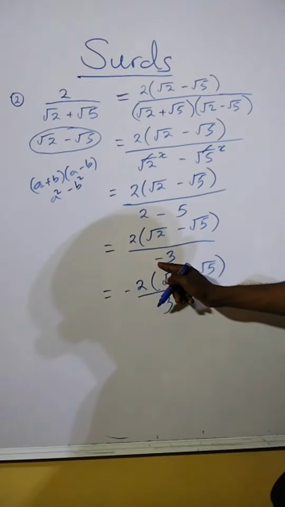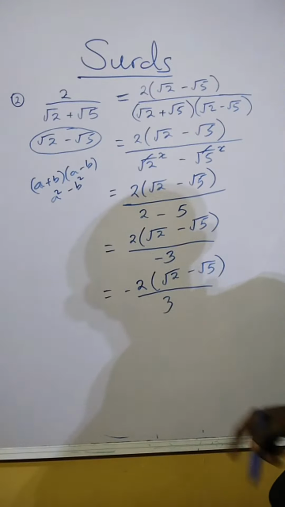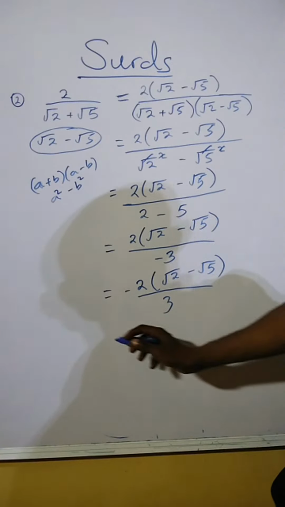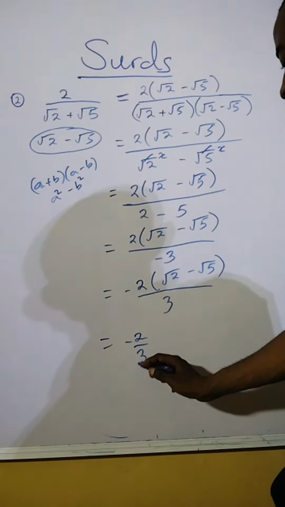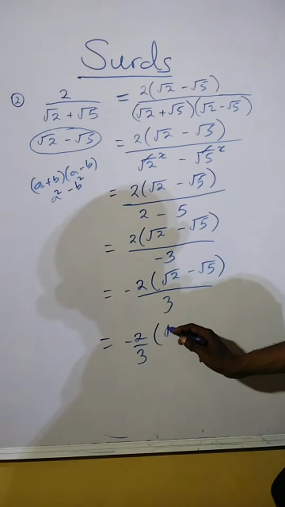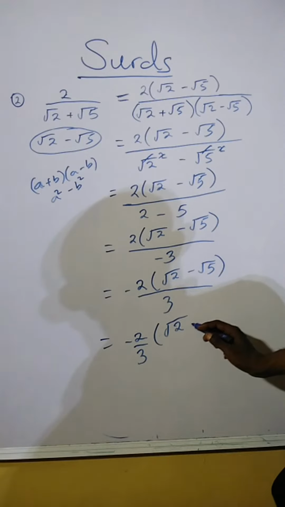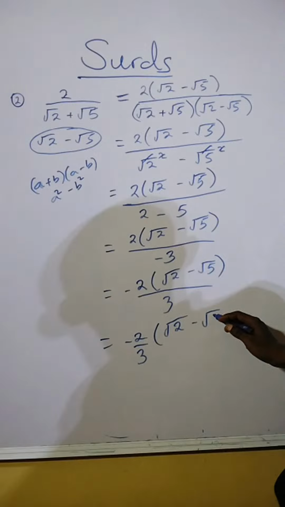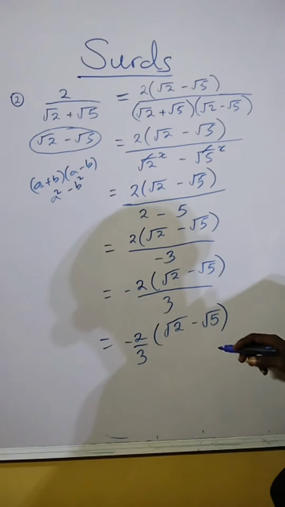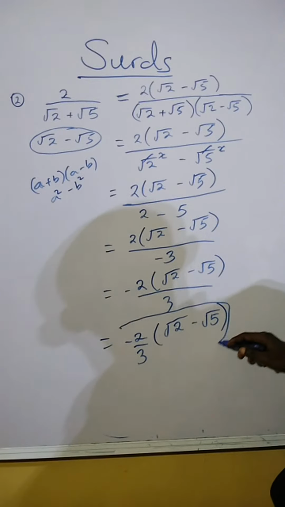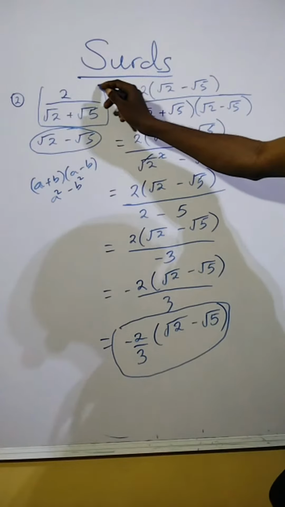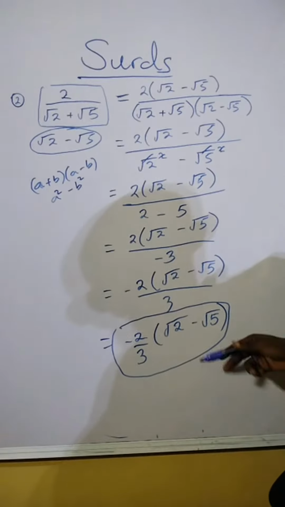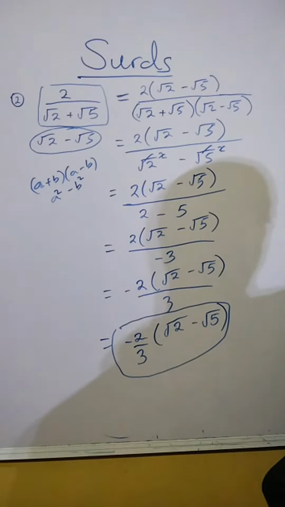So this minus in front of 3 here can come to the front here. Better still, we can write it as minus 2 over 3, then into brackets root 2 minus root 5. So here now we have a simplified form of this given problem. That is, this particular surd now has been rationalized here.